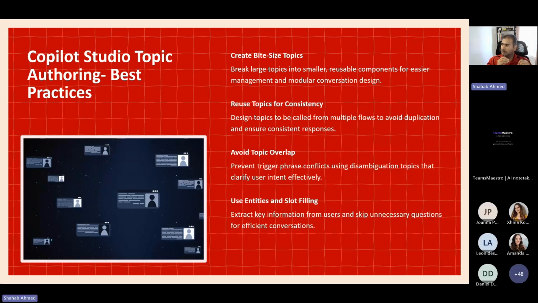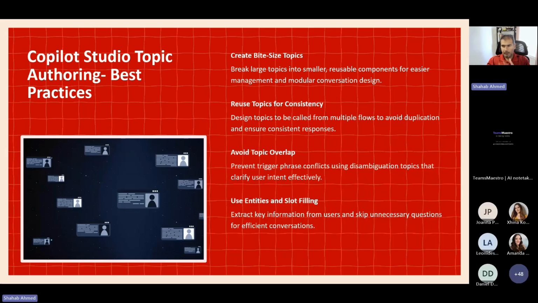We've worked through a bunch of these bots, and so I wanted to put together some of those authoring best practices. I think effective topic authoring is essential in terms of the experience with these conversational agents.